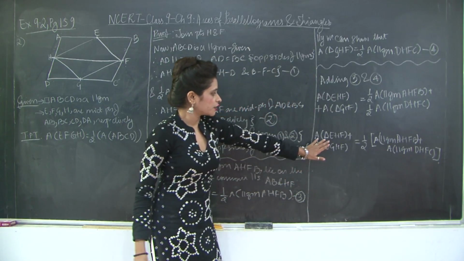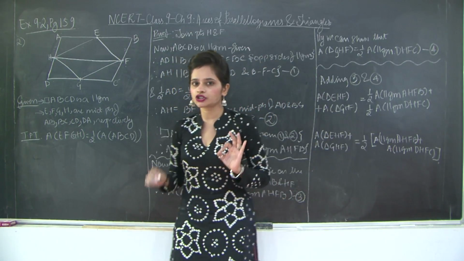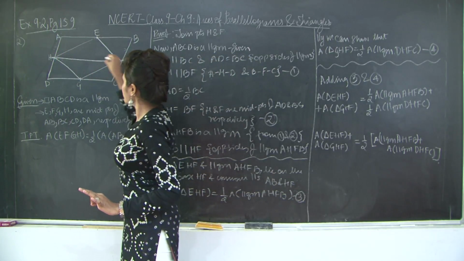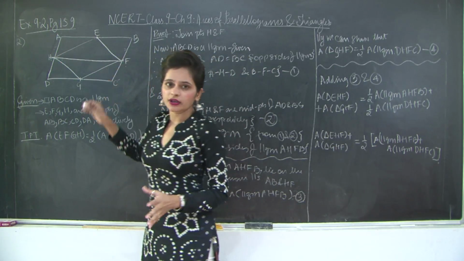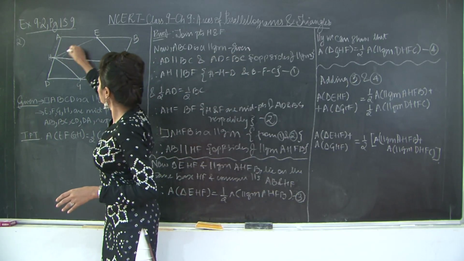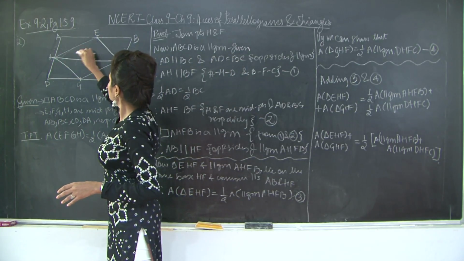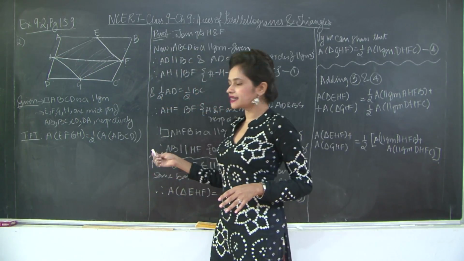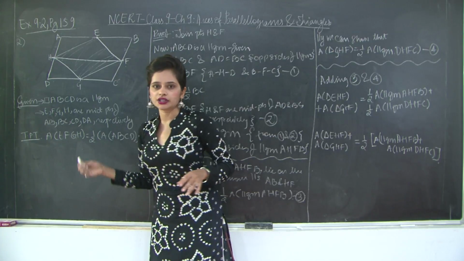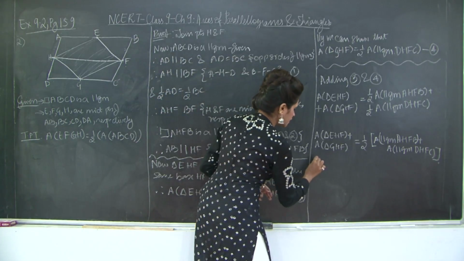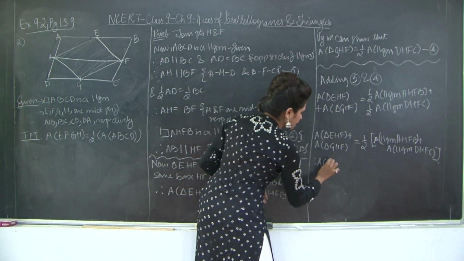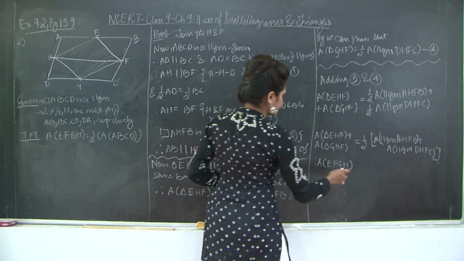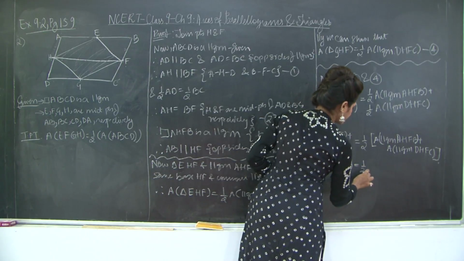Correct? Now, if you take a look at our triangles EHF and GHF, when you add these together you get this space, right? So, what is that space? It is EFGH. So, I will say therefore area of EFGH is equal to half.